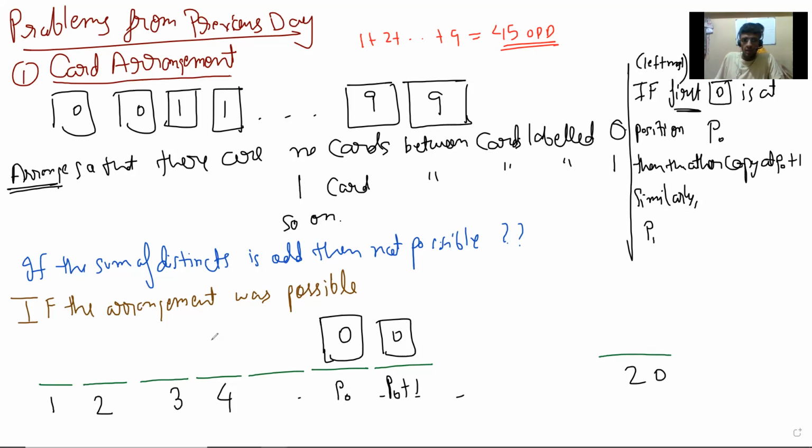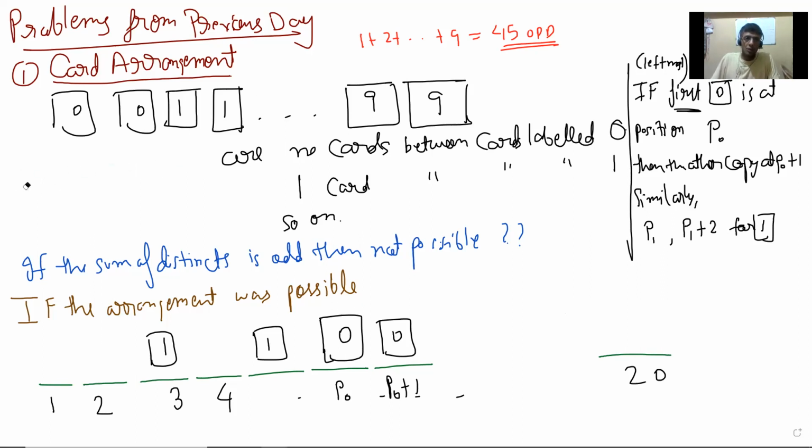If the leftmost one is at P1, then the next one will be at P1 plus 2, right? And like this. Okay, so these are the positions. In this way, we'll get this sequence of numbers. I hope so far it makes sense.